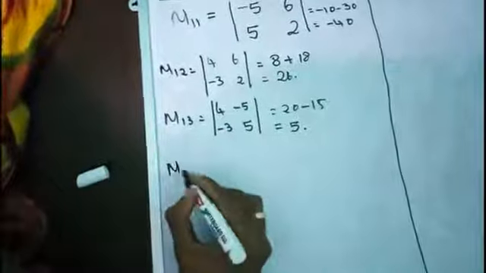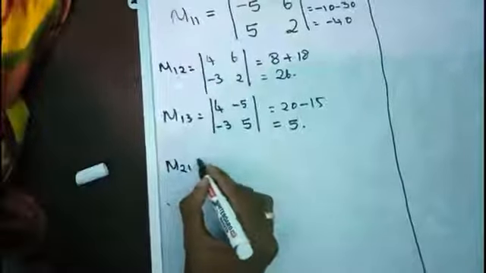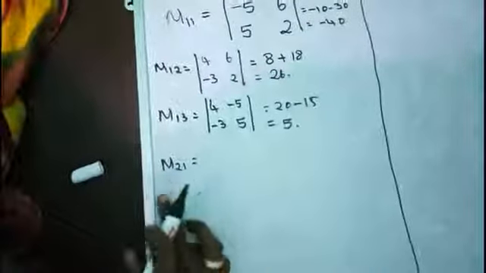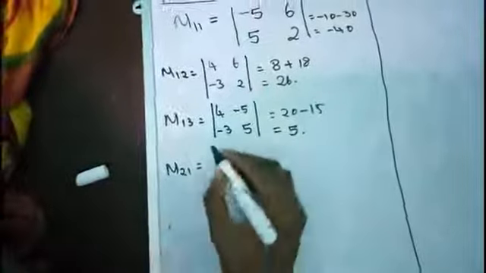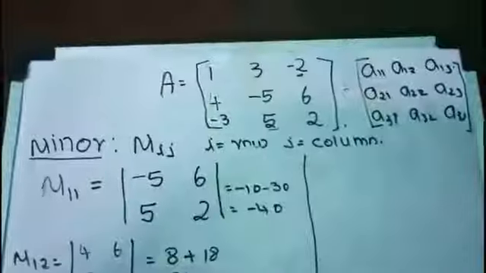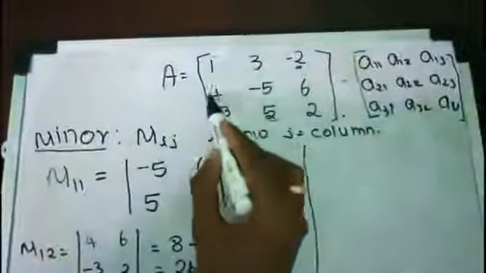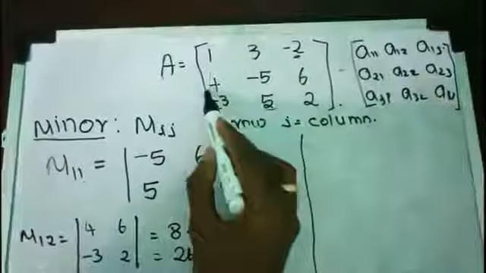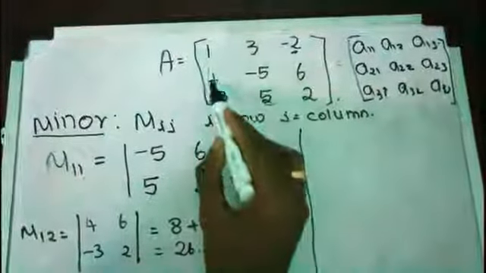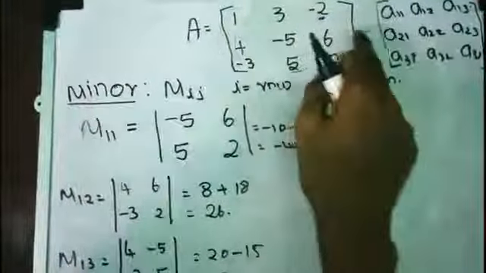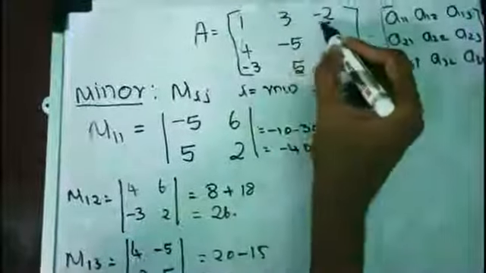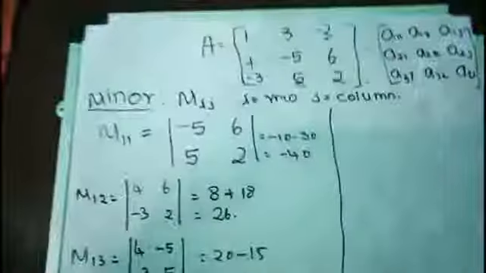Next one is M21, second row and first column. In the given matrix, second row first column is 4. So hide the first column and the second row. It will be 3 minus 2, 5 2.